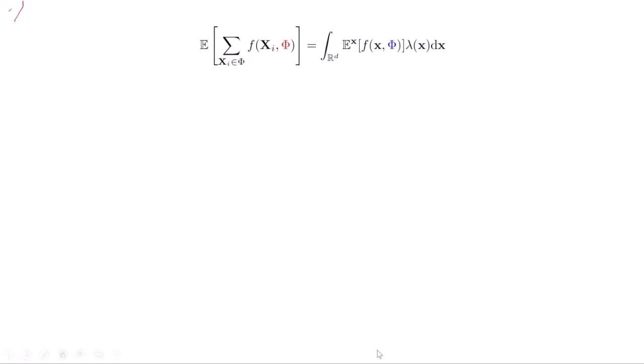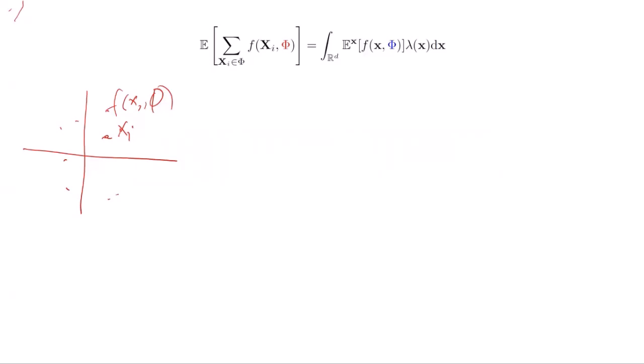If you look at this expectation, there are many points xi. You go to each point xi, compute the function of xi and phi, and then sum it over. This expectation is basically over the whole space.